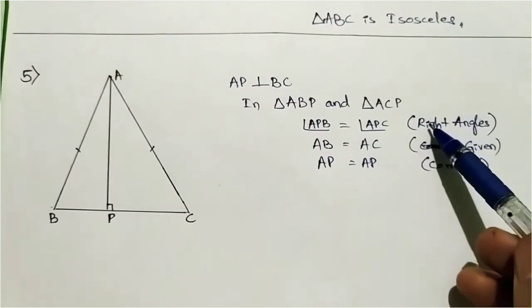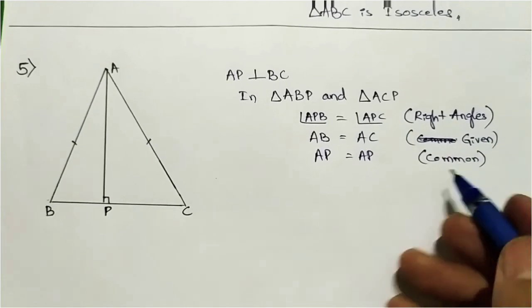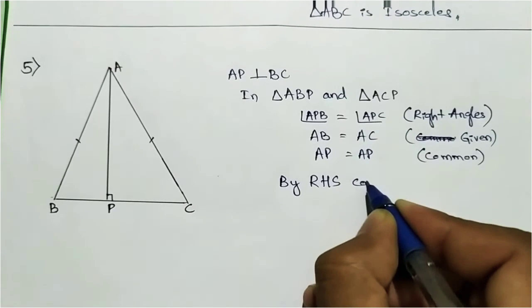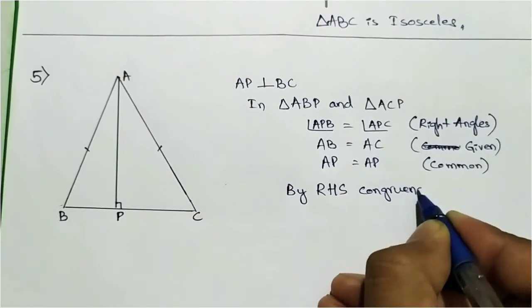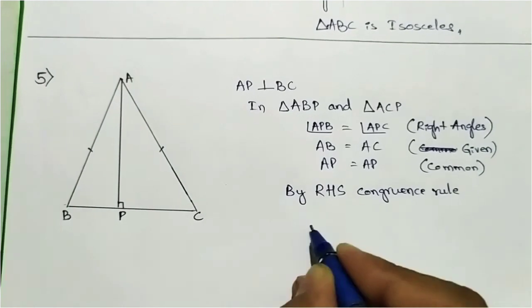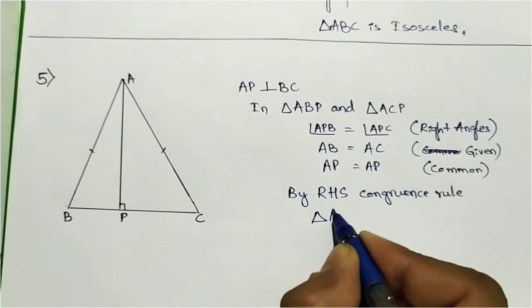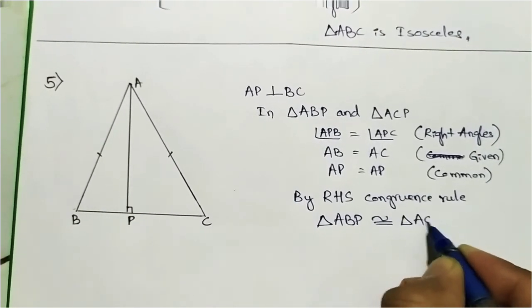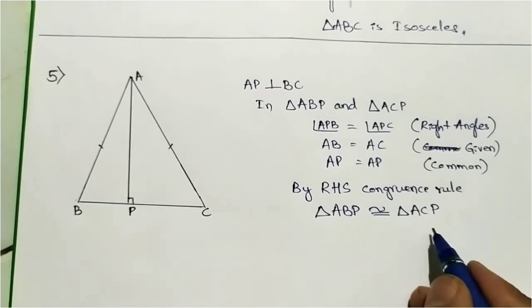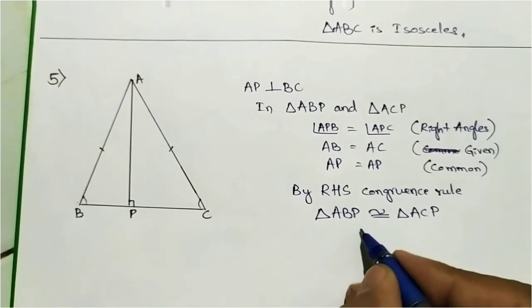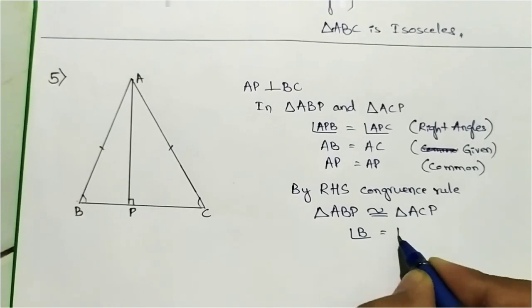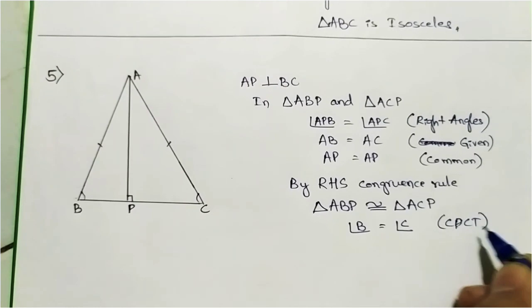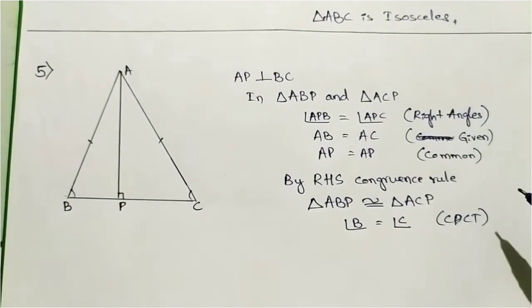Okay, so right angle, hypotenuse, side, by RHS congruence rule, we get triangle ABP is congruent to triangle ACP. So if these two are congruent, then their angles will be equal. Those are angle B equal to angle C, by CPCT. Okay, so like this you have to solve.